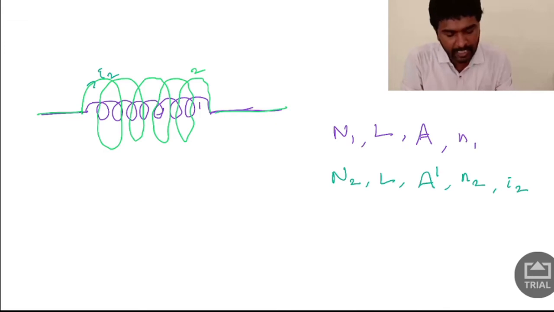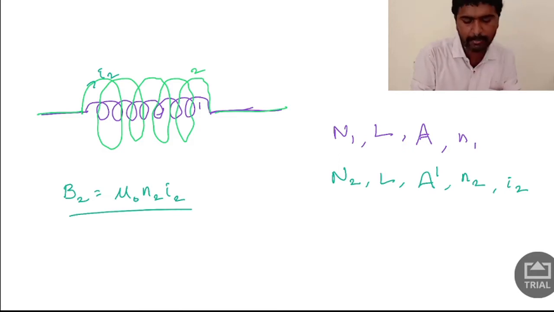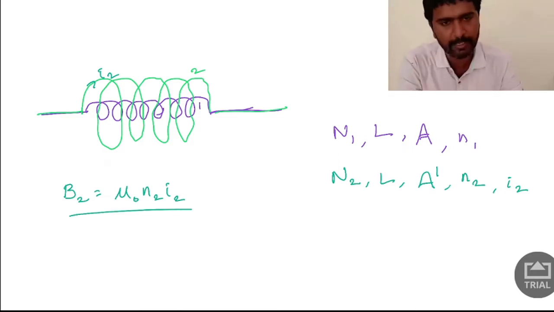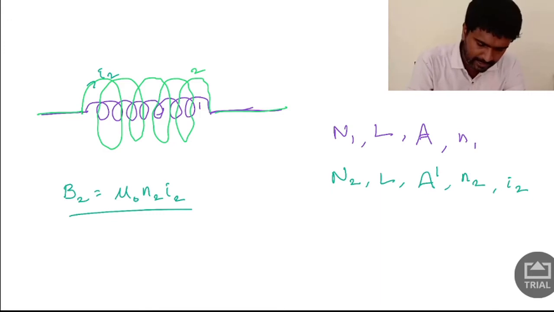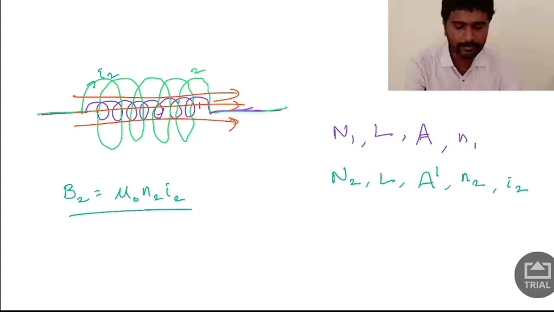When I establish current I2, that produces magnetic field, let us say B2 equals mu 0 n2 I2. So this is the magnetic field produced by the second coil. And that field, let us draw that field here. That field will go through the first coil also.